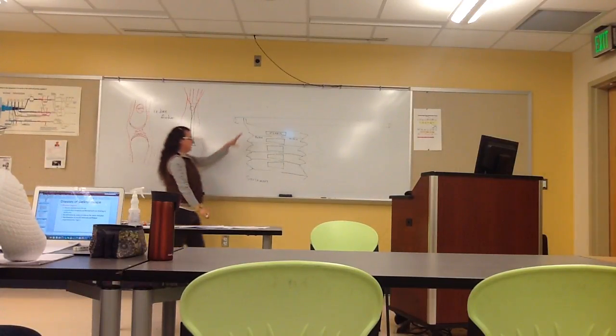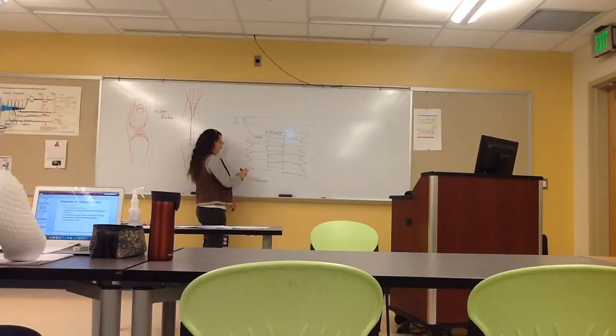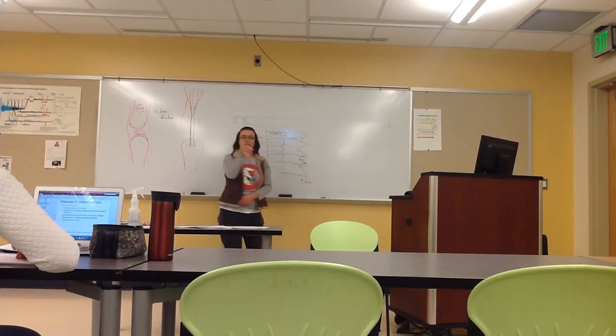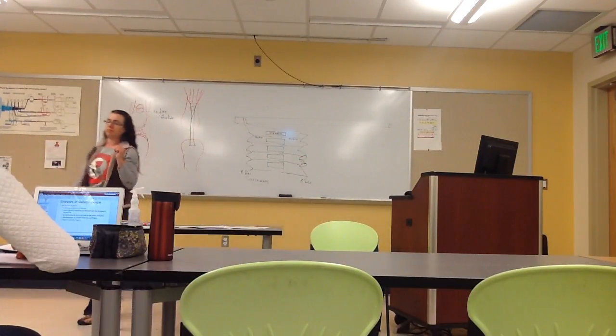And this, what I drew, from Z disc to Z disc, it's called a Z disc because if you were to look at them, they're coin shaped, like a disc.